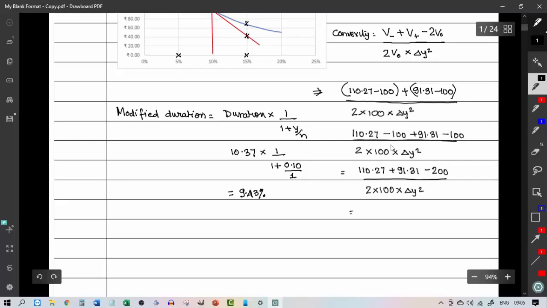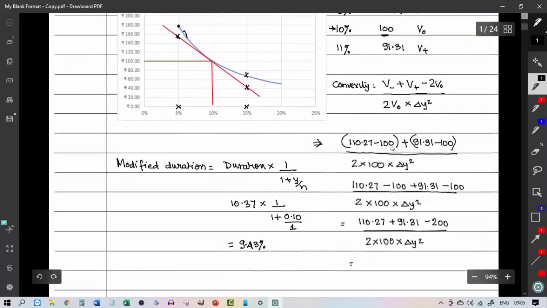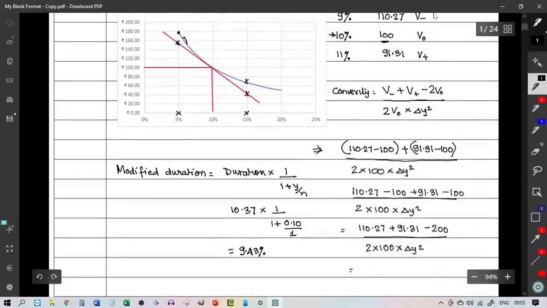Now if you read this along the notation, 110.27, remember, 110.27 is V minus, so this is V minus. 91.31, that is V plus.